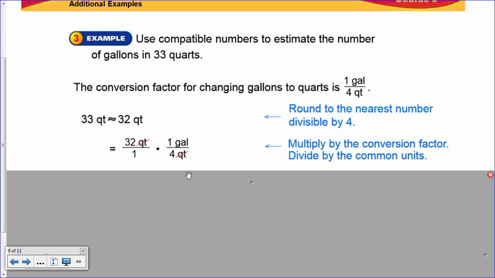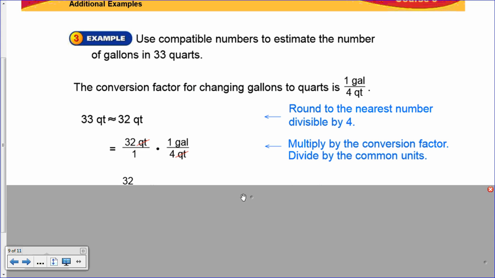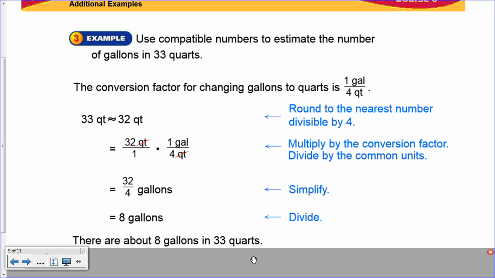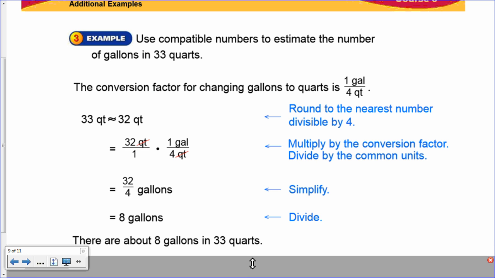Again, our quarts are going to cross off, so that should help you determine what number you put on top and what unit you put on the bottom. We then end up with 32 gallons over 4. And when we reduce that, we get 8 gallons. So there are about 8 gallons in 33 quarts. Again, we can use the word about because it does say to estimate.